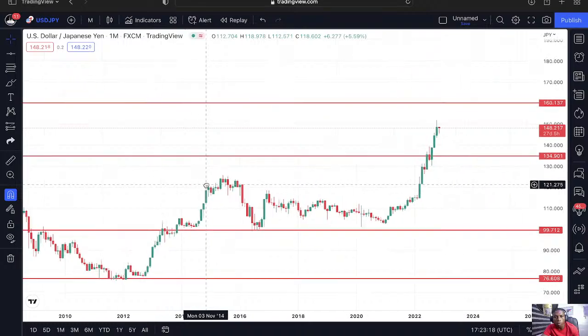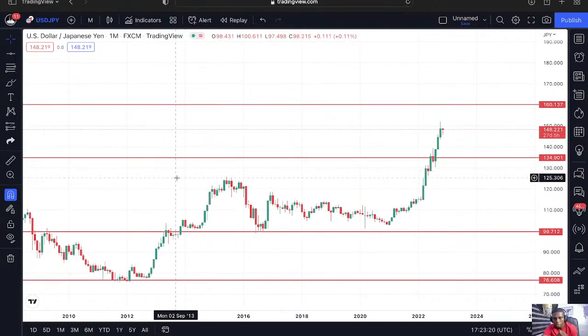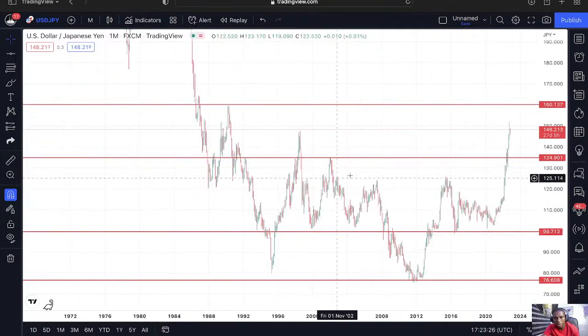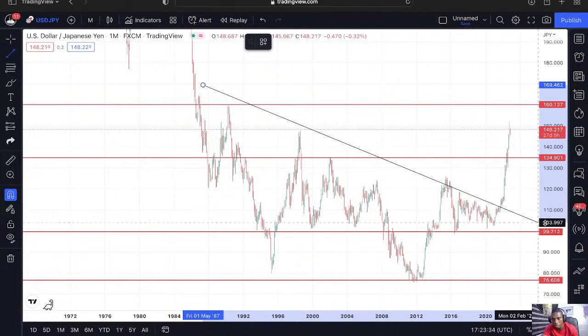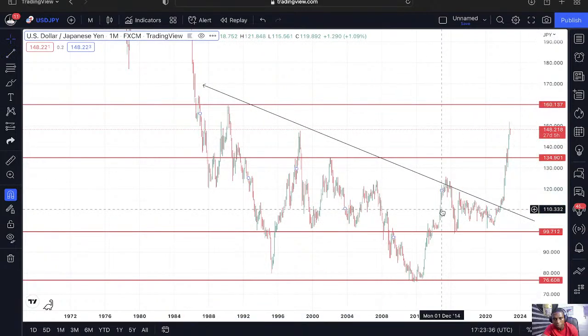Yeah, so when you look closely here, you can see that in the monthly time frame, the market went downward. You can check it out on the trend line.